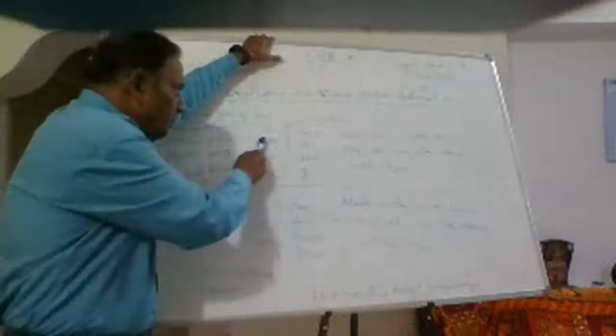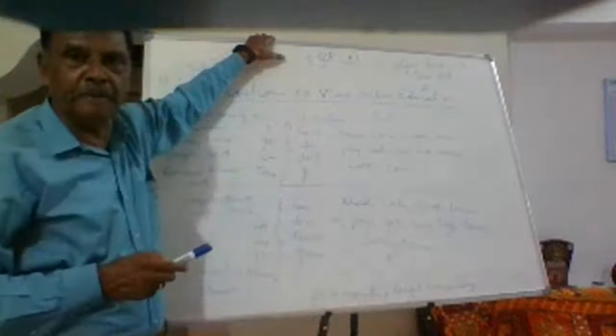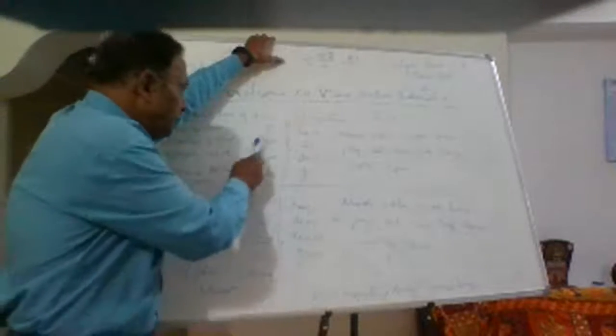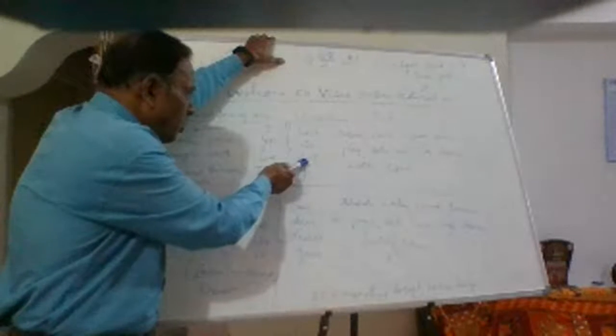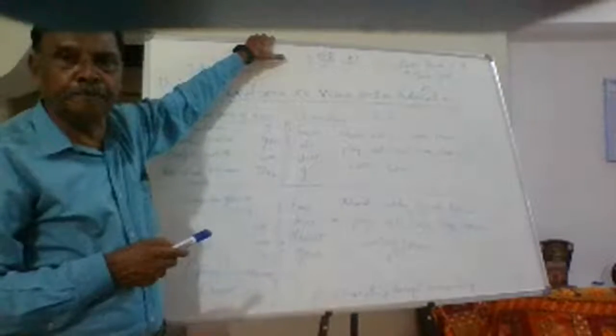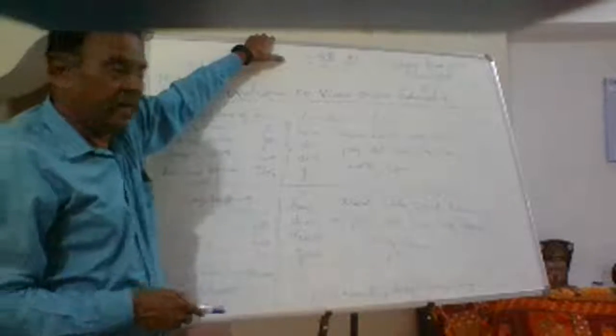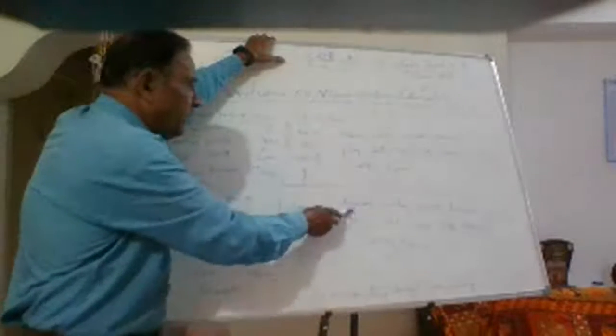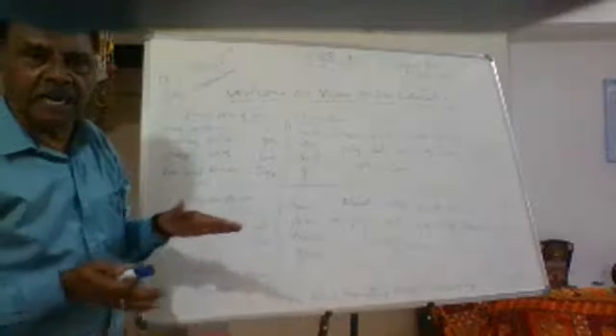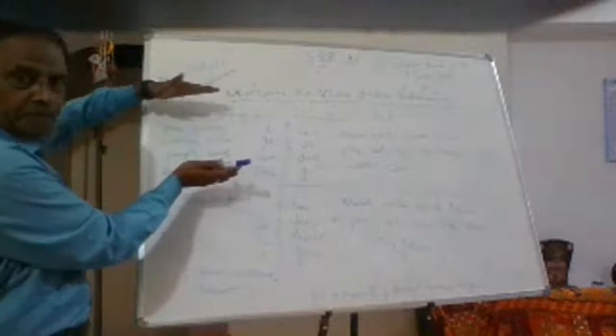Instead of saying do in this place, if you say does, it is wrong. Instead of saying don't in this condition, if you say doesn't, it's wrong. Instead of saying go, if you say goes, it is wrong. Instead of saying read, if you say reads, it is wrong. I'll explain clearly. So this is one structure, this is another structure.